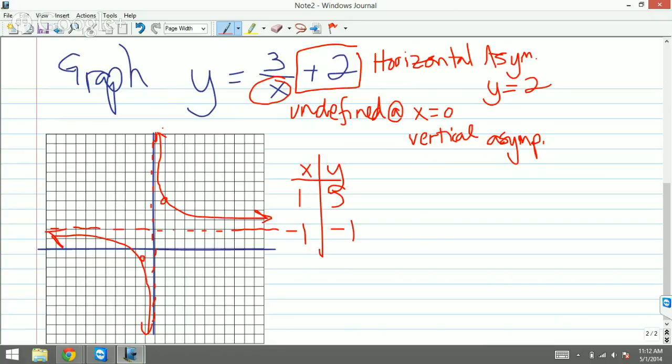We know it crosses 1, yes? To find where it crosses 1, plug it into the equation. But what if it curves? It won't, because that's what the equation tells it to do. At 1, 3 divided by 1 plus 2 is 5.